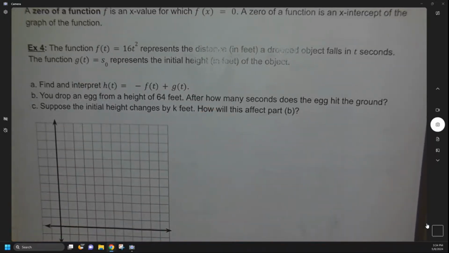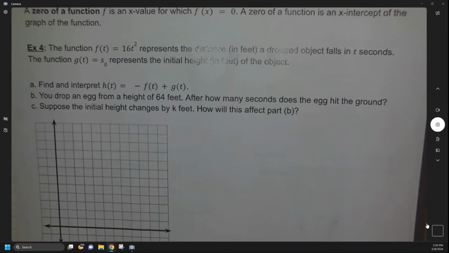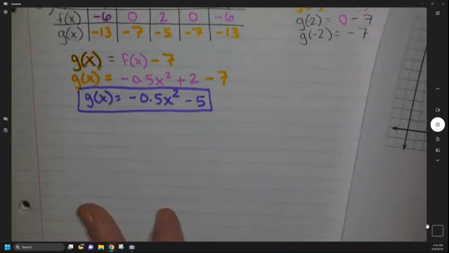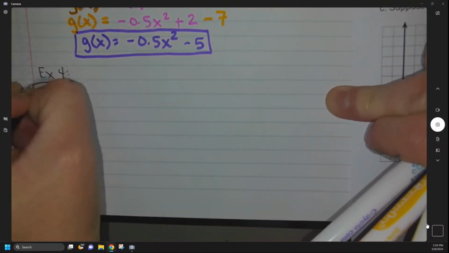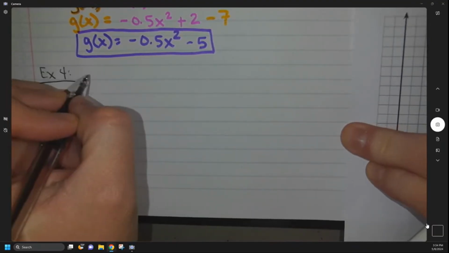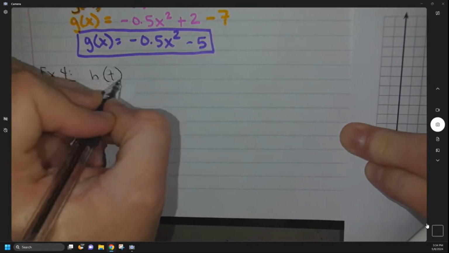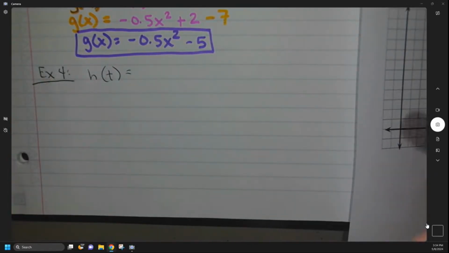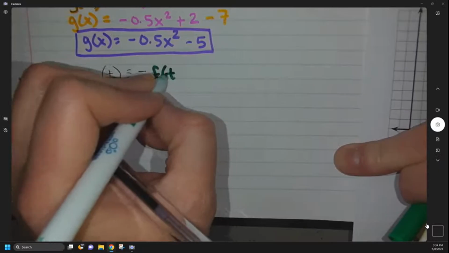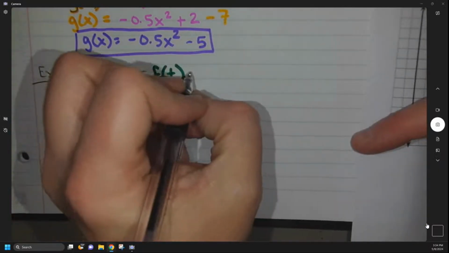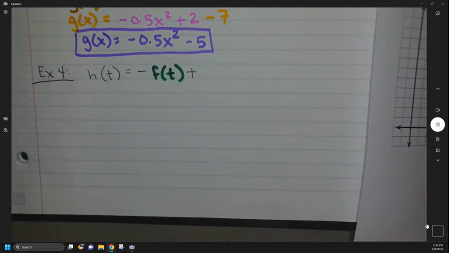It's that initial height. So we're going to find and interpret h of t equals negative f of t plus g of t for part A. All right, example 4. We have h of t equals the opposite, or negative, f of t plus g of t.